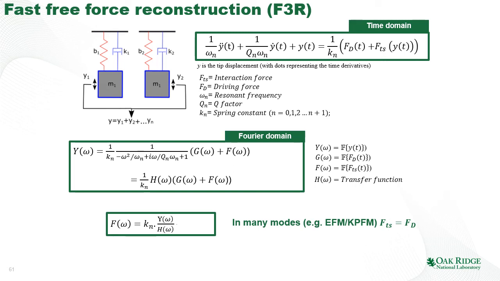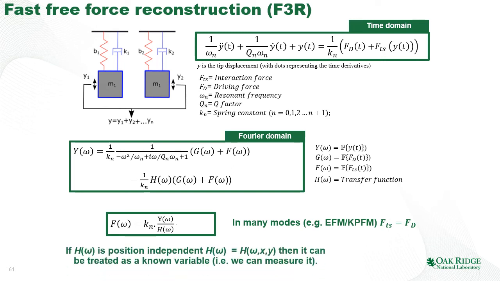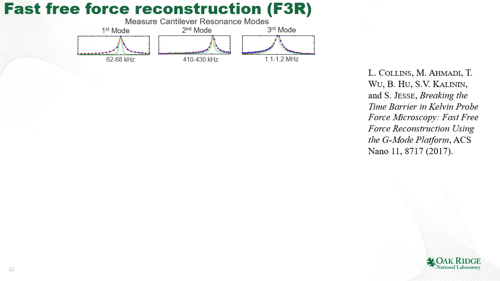So if we have a cantilever strongly interacting with the surface, then the transfer function changes, so the system is no longer linear. However, in KPFM and some other techniques such as EFM, the transfer function in the first approximation is constant, which means that we can calibrate it one time before the experiment and then assume that this transfer function is constant, and it can be treated as a known variable.